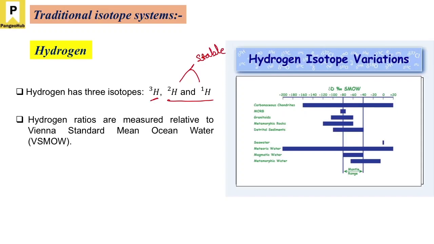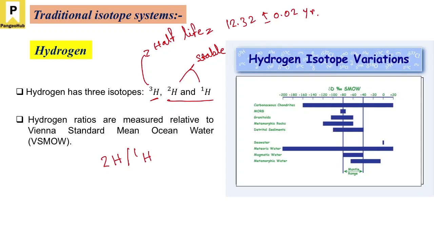It has a half life of 12.32 plus minus 0.02 years. So generally the ratio is 2H by 1H, and it is expressed as delta D.